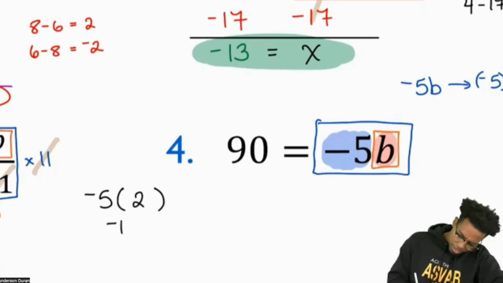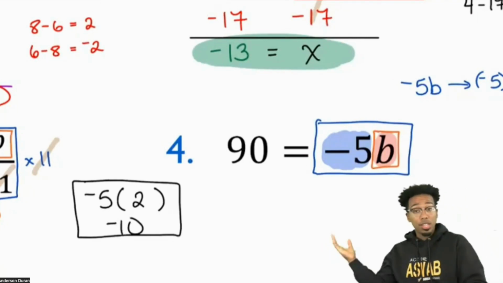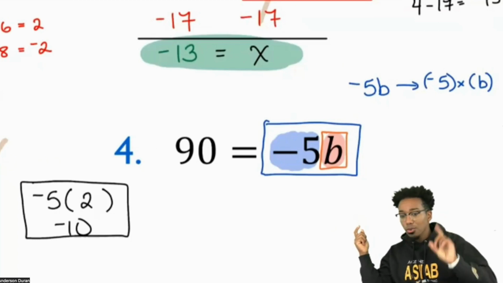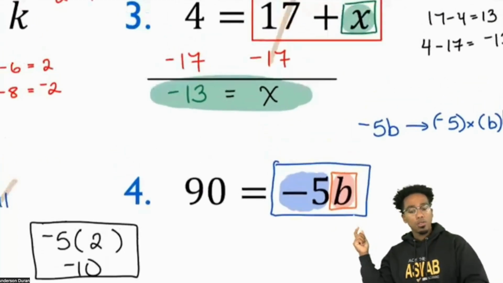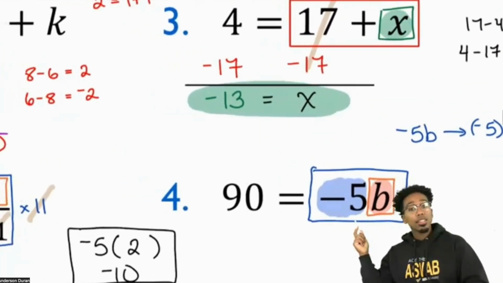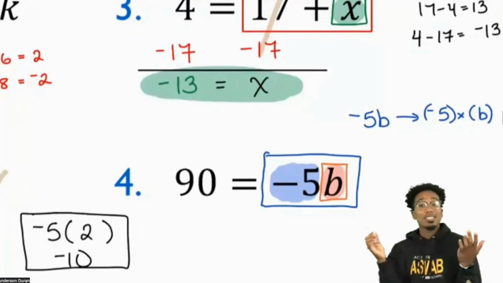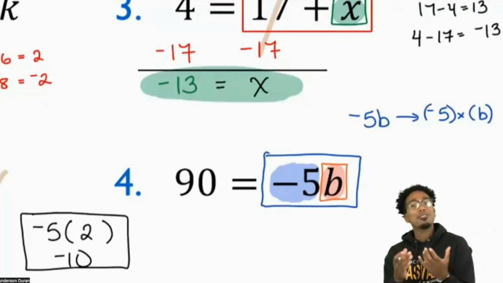Right, that would be -10. Just showing you a brief little example. Multiplication just happened. So if we knew what b was, right over here, we would be multiplying that by the -5, if we knew what it was. But the point of this is, everybody, we don't know what b is, and we're trying to figure that out.